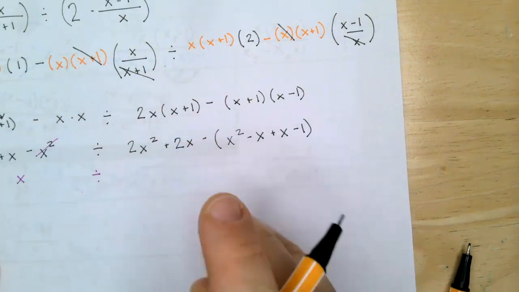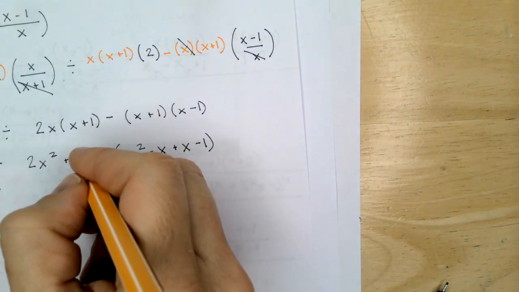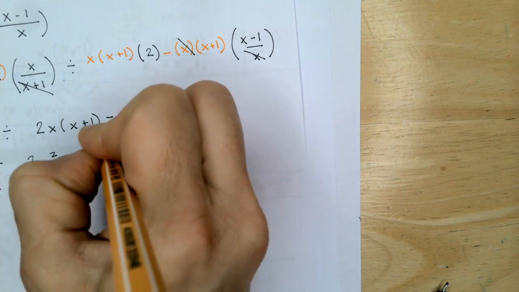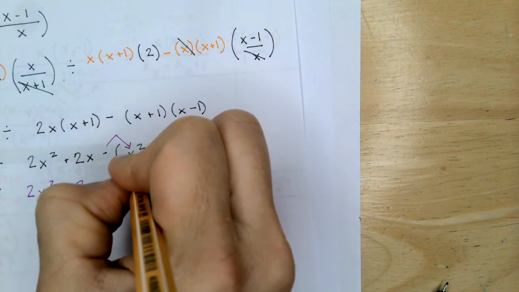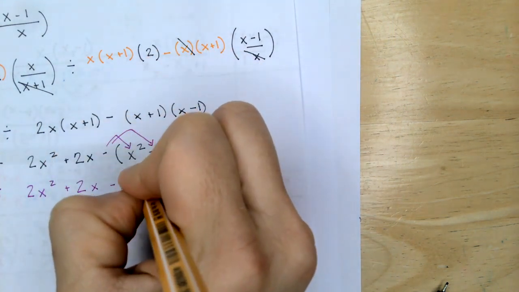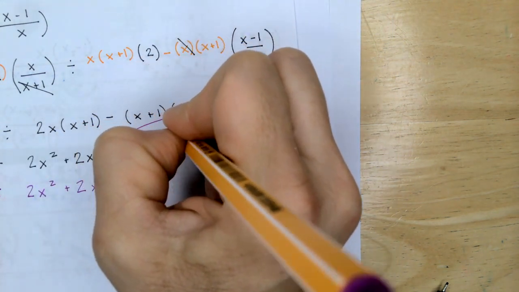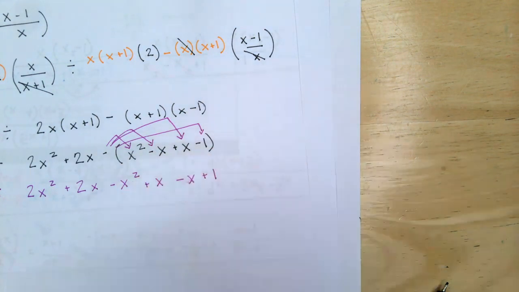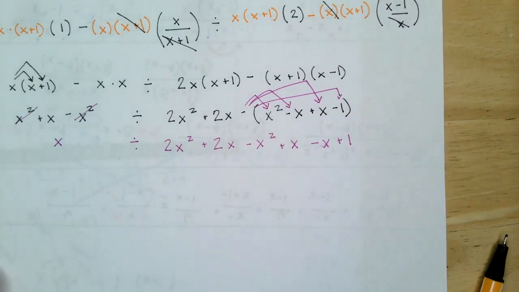Divided by 2x squared plus 2x, distribute that negative, minus x squared plus x minus x plus 1. Good.